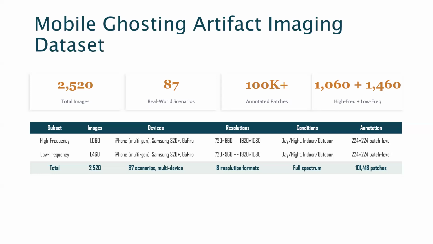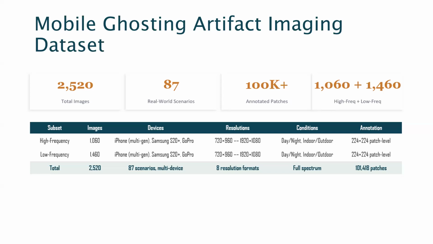Among them, 530 images are the raw images that the camera generates normally, because the camera does not work in RGB; it works in YUV 420, YUV 422. So we have 530 raw images and 530 for the RGB, while in the low frequency case we have 730 raw images and 730 RGB.